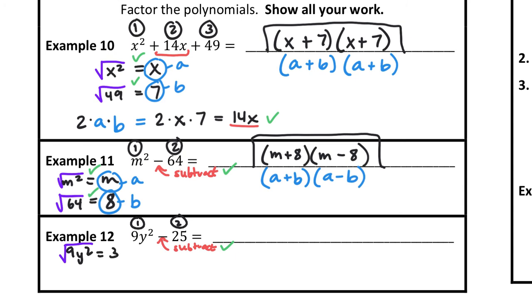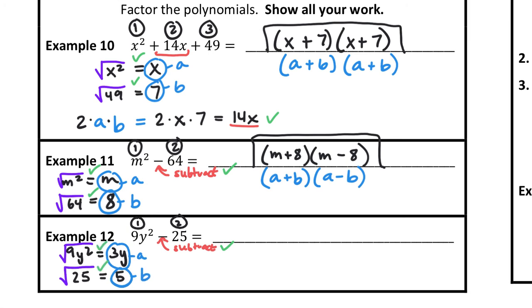Yes, the square root of 9 is 3. The square root of y squared is y. Can I square root 25? Yeah, that's 5. So I have my a and my b.